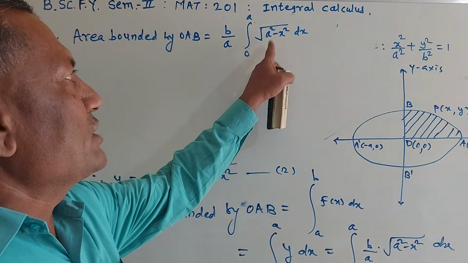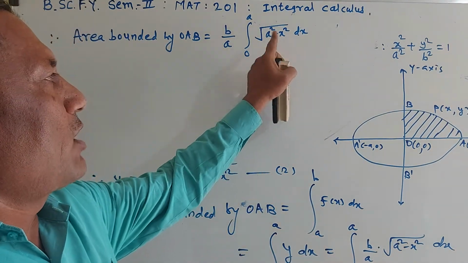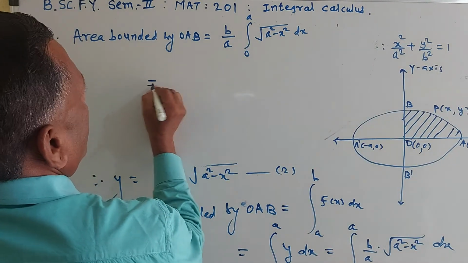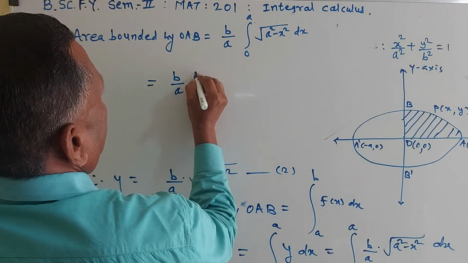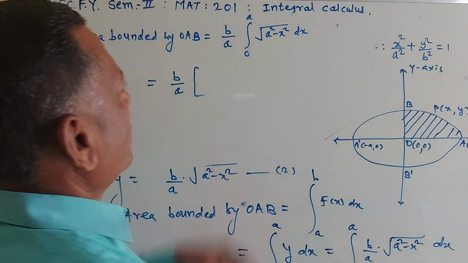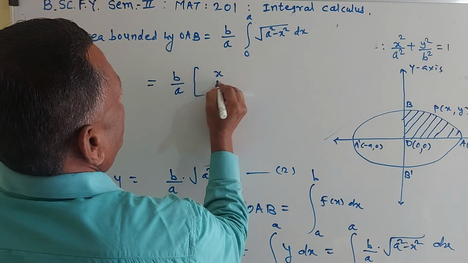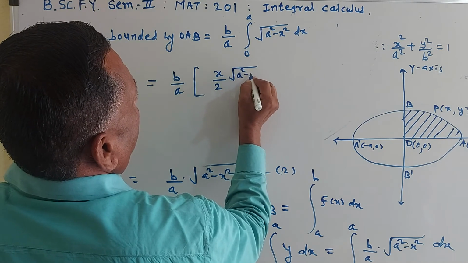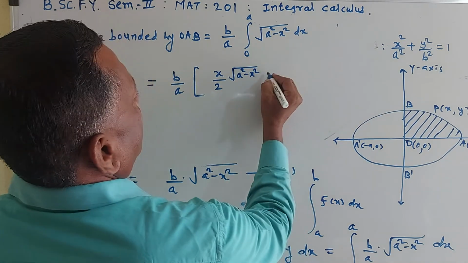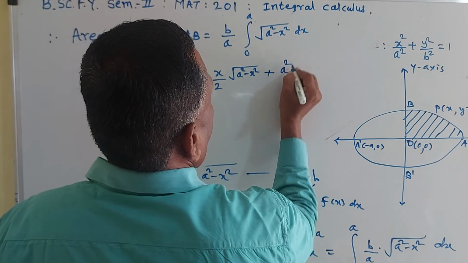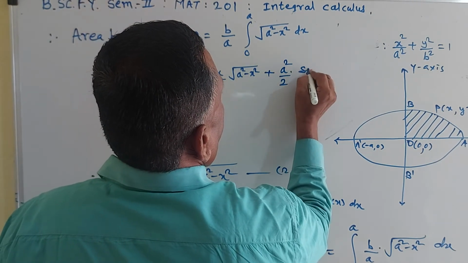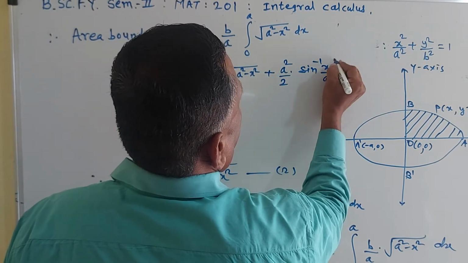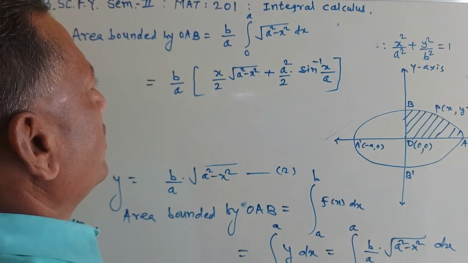So here the integration of the square root of a squared minus x squared dx is a standard formula, and it is equal to b upon a, and the standard formula's integration is x upon 2 into the root of a squared minus x squared, plus a squared upon 2 into sine inverse of x upon a. So this is the direct formula.